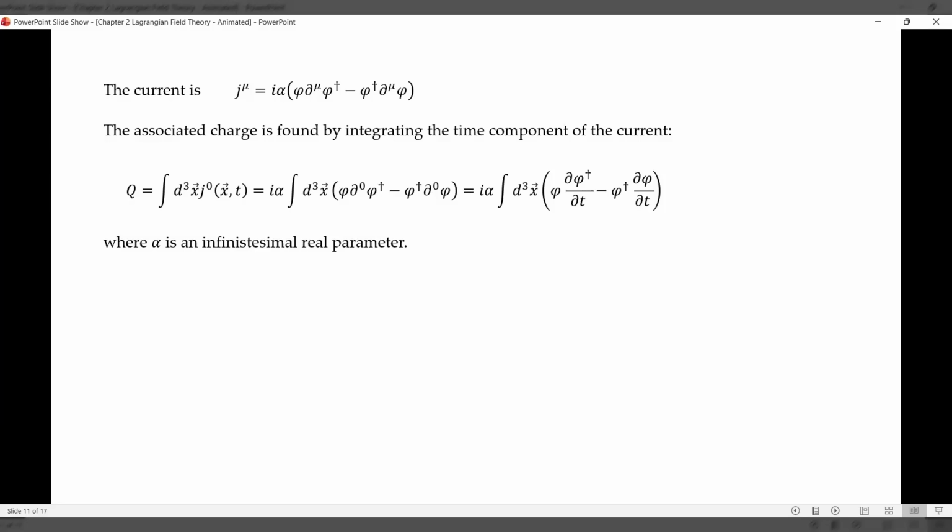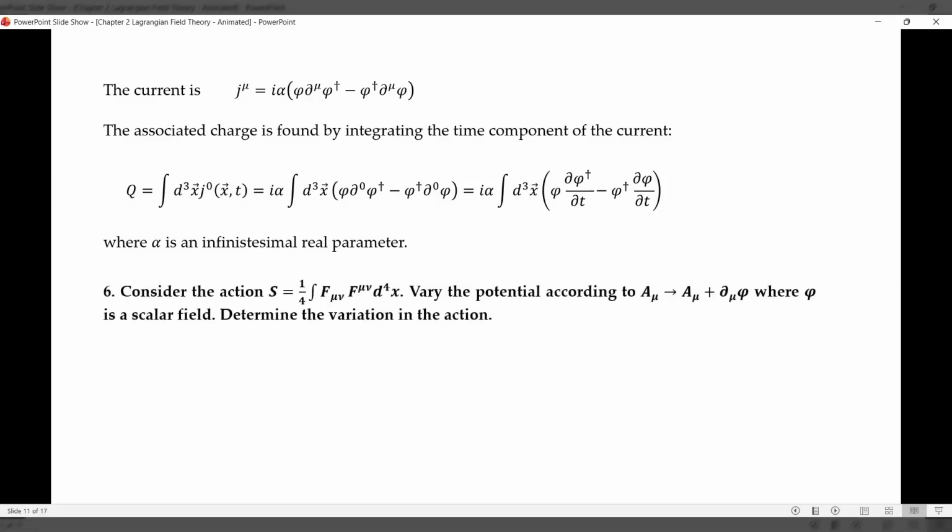It will depend, of course, on partial derivatives with time, the component J super 0. Here alpha is an infinitesimal real parameter. This charge represents the conserved quantity associated with the field's phase symmetry, the foundation of charge conservation in quantum field theory.